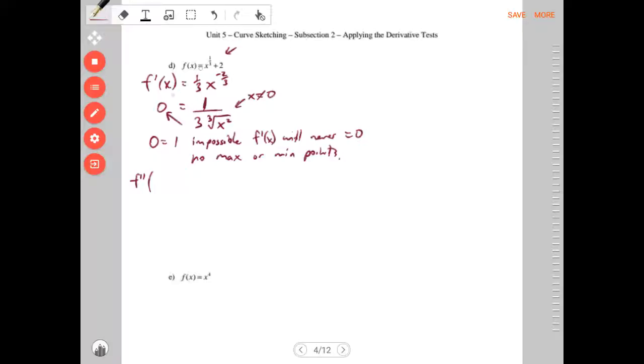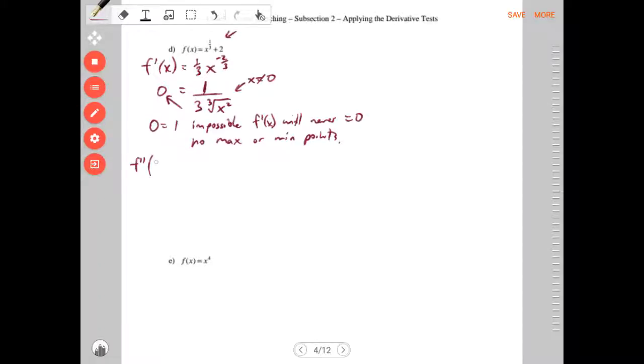Then the 2/3 comes down, so that's going to be negative 2/9. That 2/3 comes down, and then x to the 2/3 minus 1, that's negative 5/3. The negative 5/3 flips to the bottom, so that's going to be negative 2 over 9 cube root of x to the 5th. That's crazy too.